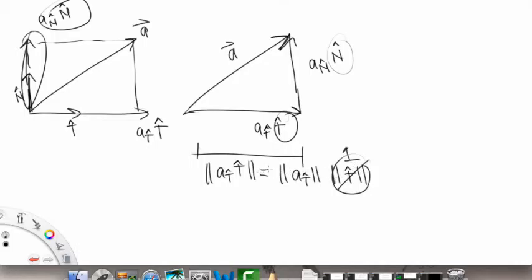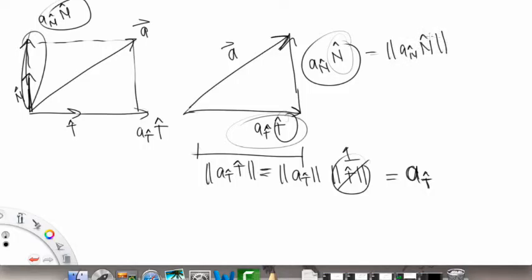So the magnitude of this whole side is based on the tangential coefficient. And likewise with this side: if we take the magnitude, the n hat doesn't contribute at all, and we're left with the normal coefficient. And the hypotenuse here has a length of the magnitude of a.